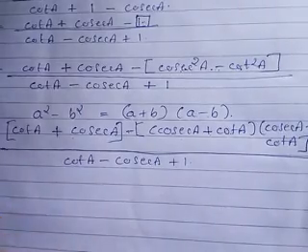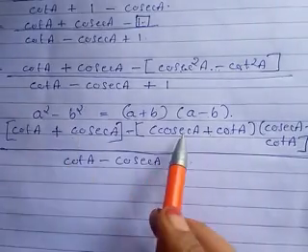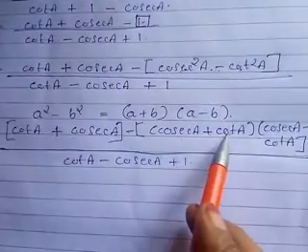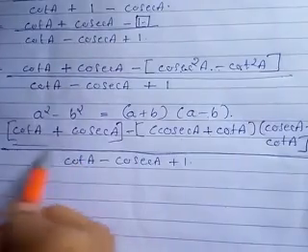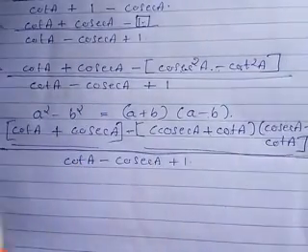Next, cosec A plus cot A is common in the numerator; these are two different brackets.